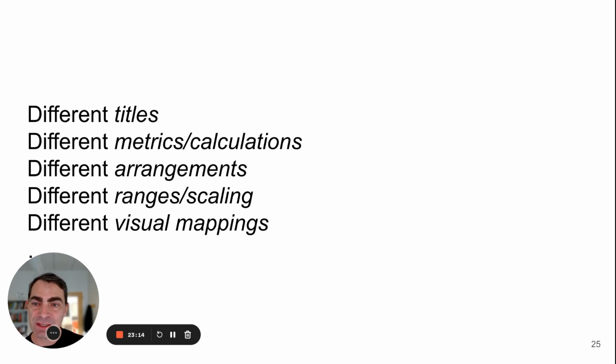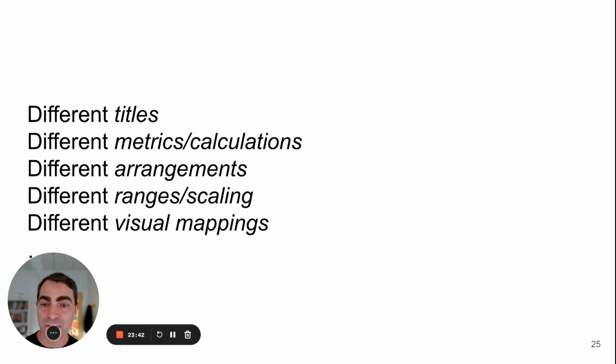Then we have seen framing coming from different metrics and calculations in the electoral maps, right? In some maps, we showed shares of votes. In another one, the popular votes. And in the other one, what was it? The electoral votes, right? And so different metrics, different calculations provide different messages.